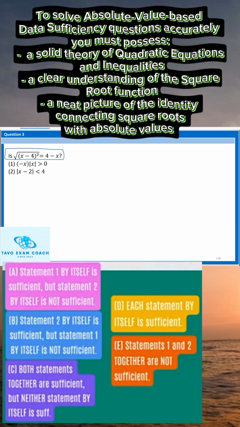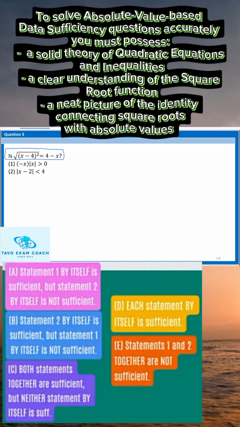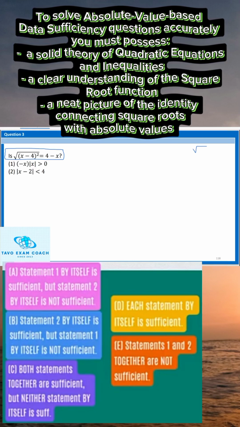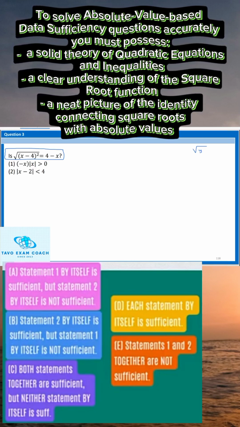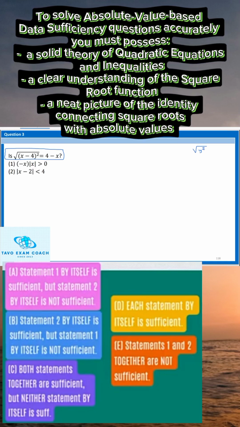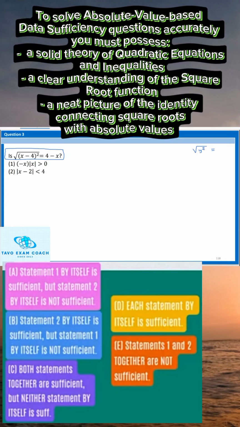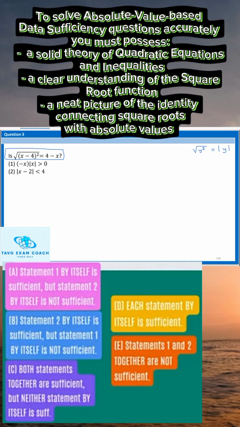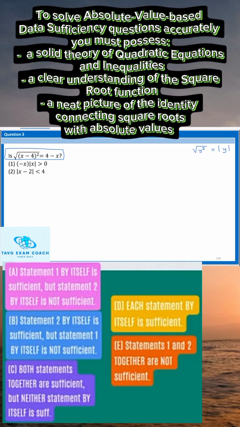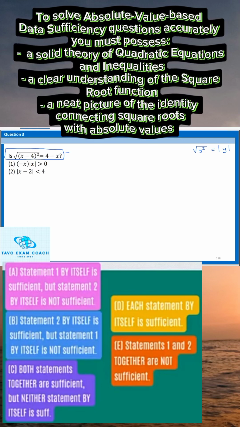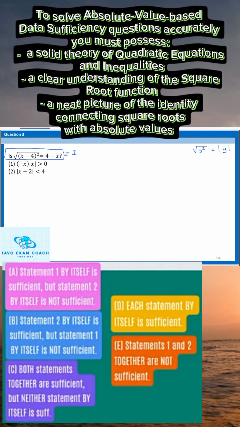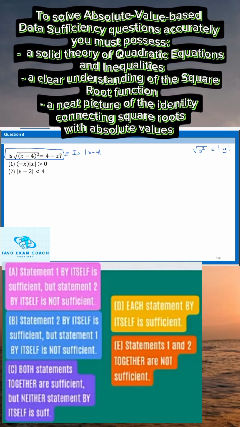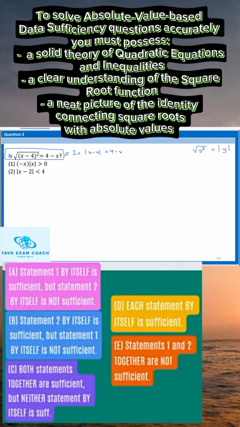Well, let's remember that we have an algebraic identity that the square root of the square of any algebraic expression y is always equivalent to the absolute value of that expression. Considering this, we could say that the question is equivalent to asking whether the absolute value of x minus 4 equals 4 minus x.